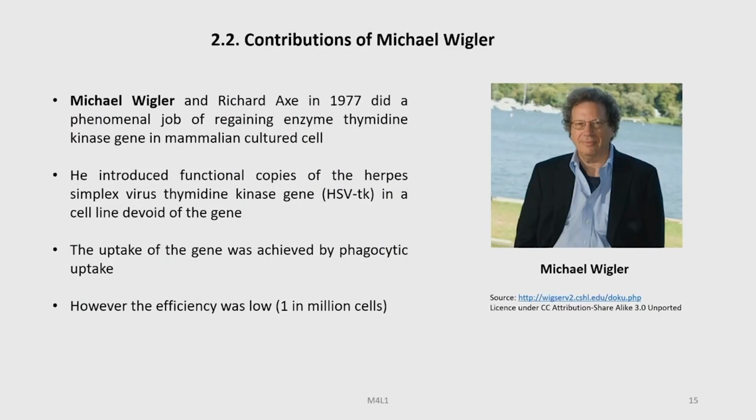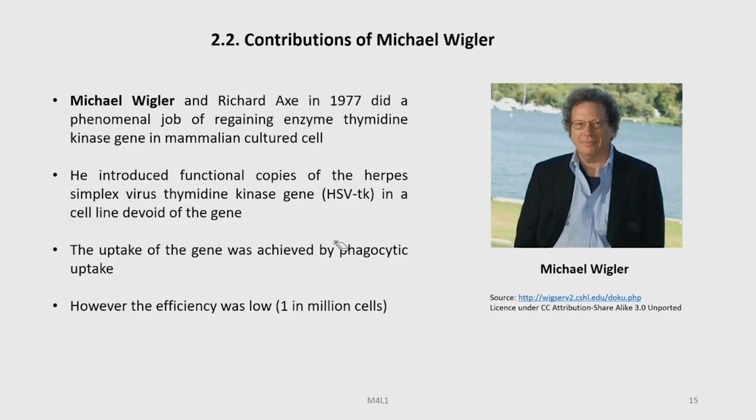Another person who contributed to the development of this field is Michael Wigler and Richard Axel, who in 1977 did a phenomenal job of regaining the enzyme thymidine kinase gene in mammalian cultured cells. He introduced functional copies of the herpes simplex virus thymidine kinase gene, or HSV-TK, in a cell line devoid of the gene.